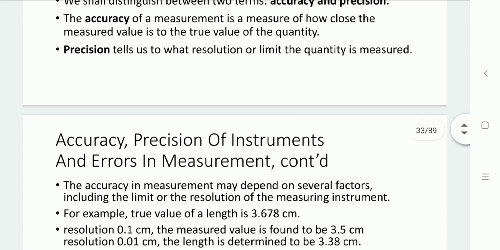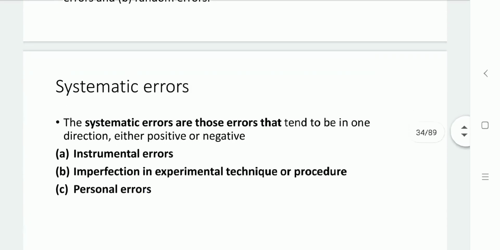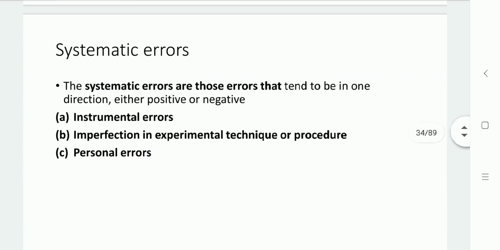Let us understand what a systematic error is. Systematic errors are those errors which tend to move in one particular direction, either positive or negative. For example, let us take a voltmeter. If we switch on the voltmeter and have not yet connected it to measure any value, it will still display some 0.001 millivolt value. This is the error produced by the device.